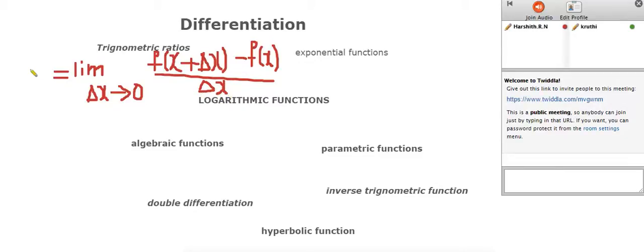You have to write the differentiated value as f dash of x. That dash indicates the given function is differentiated.